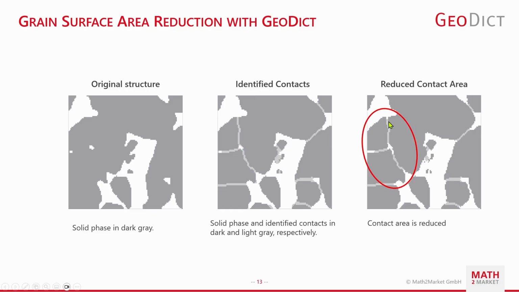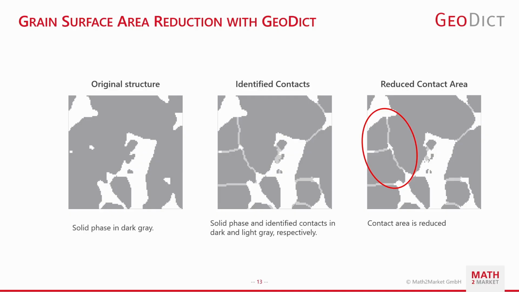Now in the next step, those contact areas between grains are eroded, which effectively means their surface is reduced by a certain number of voxels. The amount of voxels is part of the user input, and I'll show how to set it up in a moment. This in the end doesn't change the stiffness of those surfaces, but reduces their area, which will also reduce the total sample stiffness and strength.